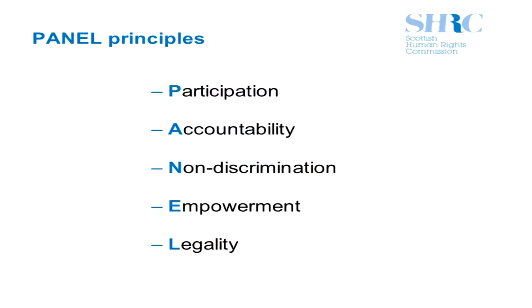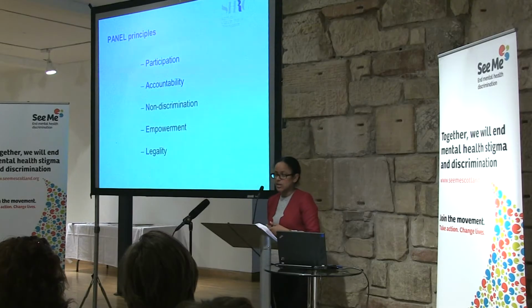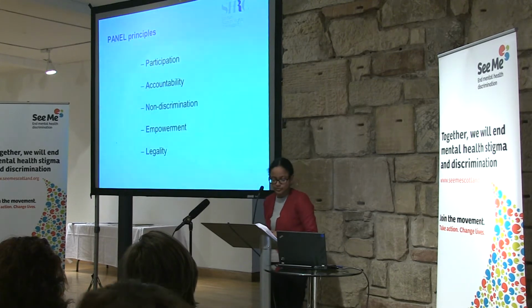Underlying this is a set of core principles which is summed up in the PANEL approach. The first of those is participation, which is about everyone having the right to participate in decisions which affect their human rights. This might include issues of accessibility, providing information in a way that people can understand so that they're actually able to participate, and also making sure that they have an opportunity to participate in a meaningful way in the way that things are developed.